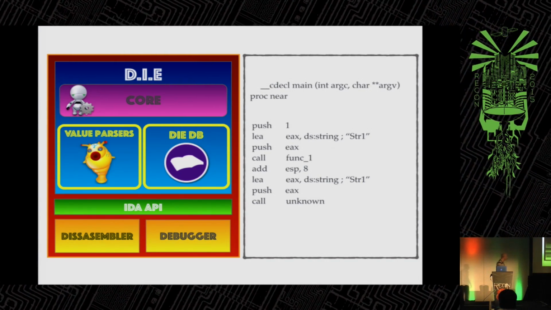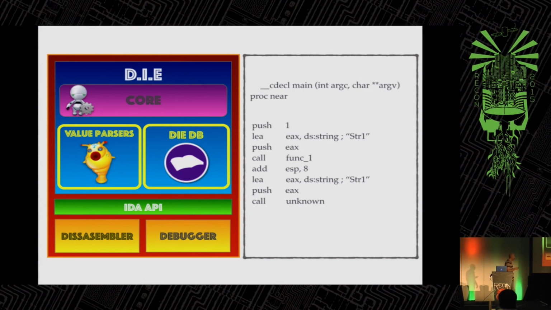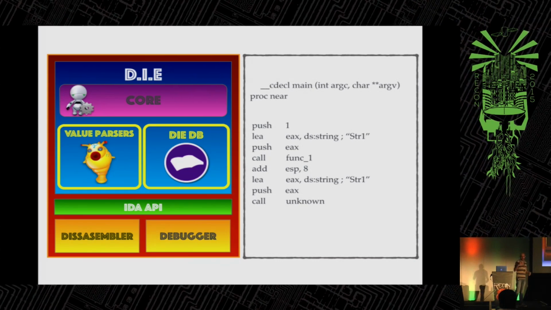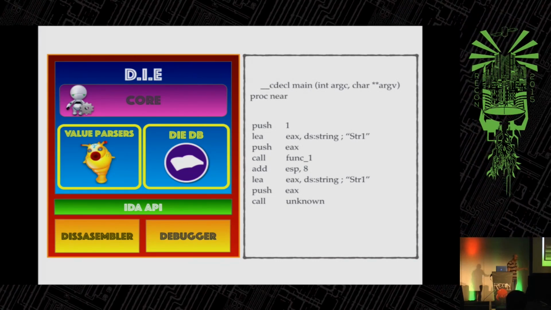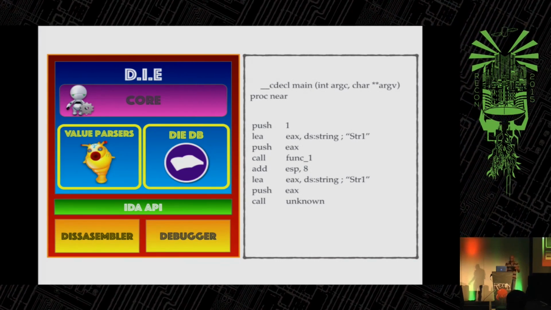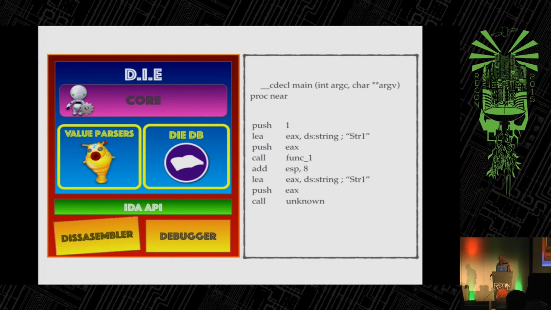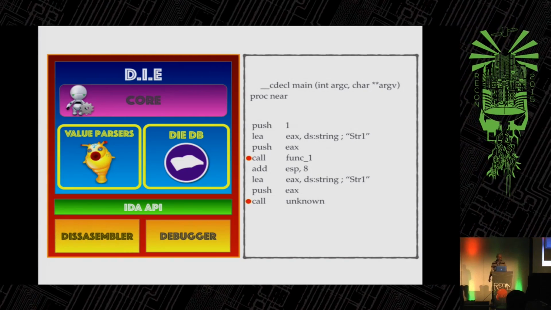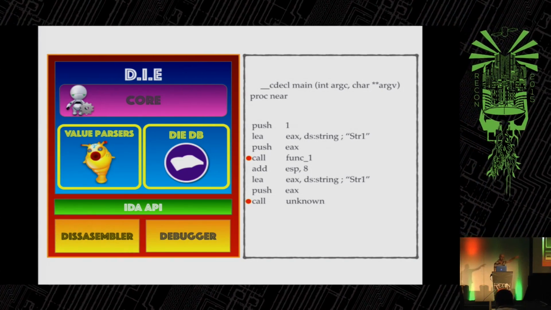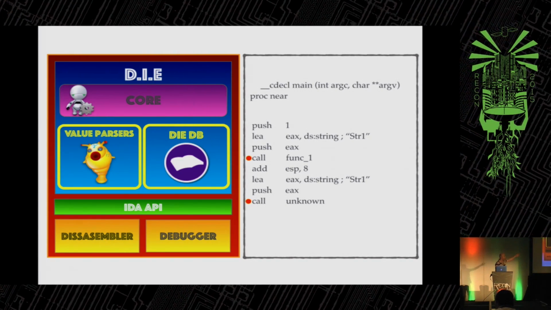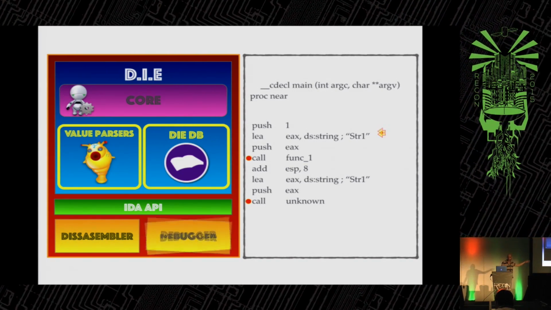The difference between the functions is that for func1, IDA knows all the types. It has the symbols or derived them somehow, and it actually knows the types. For the unknown function, IDA knows nothing. So let's see how it works. When you first start DI, the first thing that will happen is that the disassembler will look for any call instructions inside the function you're currently standing on, and we place breakpoints on these functions, and then we hit the debugger.